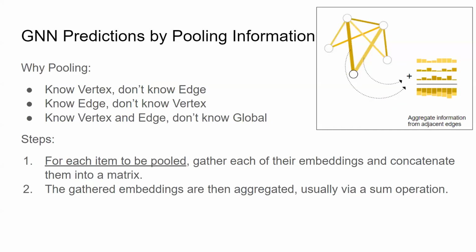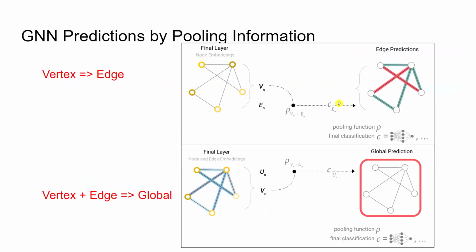Similarly here, you predict a vertex using the edges. Here you can predict an edge using vertices. So this is the graph, this node, this edge. V stands for vertex and E stands for edge, and this rho symbol stands for the aggregate function, the pooling function.